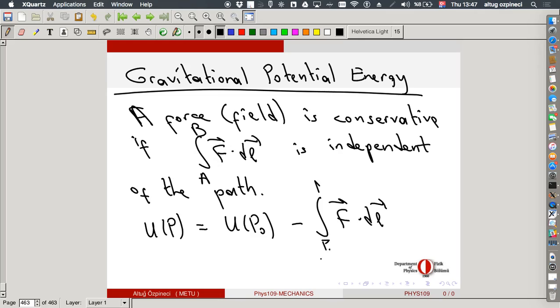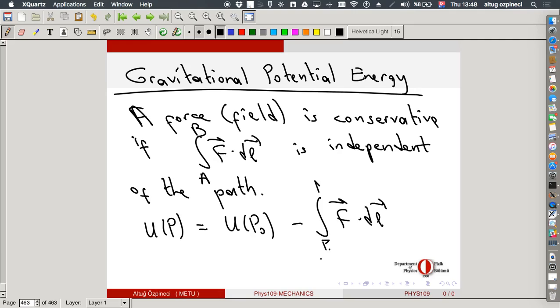Now, in fact, this number over here was arbitrary because basically we can only define the potential energy differences. We cannot talk about the absolute value of the potential energy, but only of the differences. So once we fix the value at one point, then we can calculate the value at any other point.